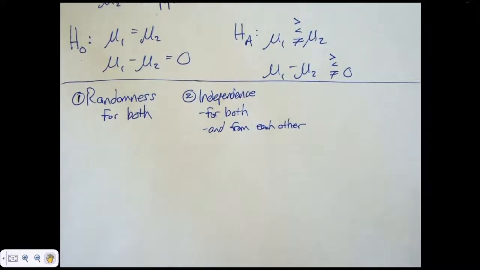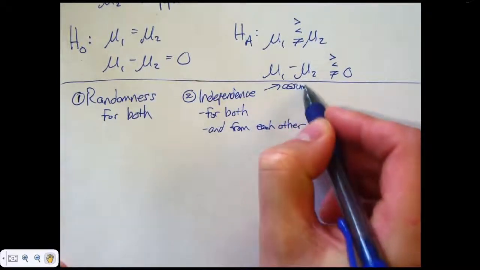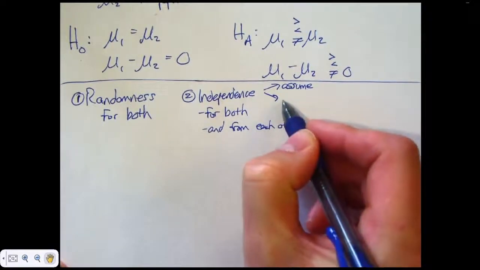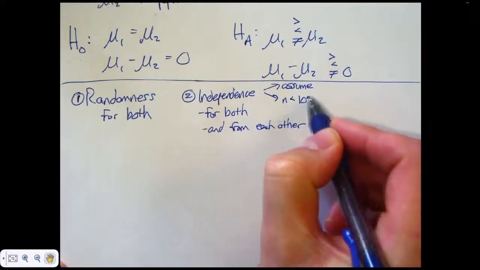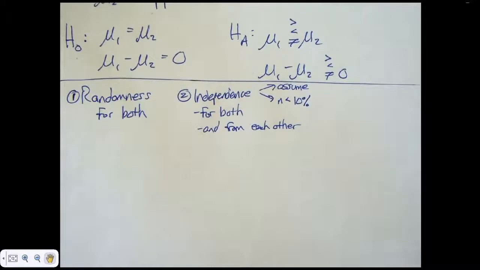So like third hour students are independent, fifth hour students are independent, and third hour is independent from fifth hour. You remember doing that? We did that with the confidence intervals too. And you can do that in two ways. You can assume, or you can check that n is less than 10% of the population. We did that before with the t-tests and the t-intervals.